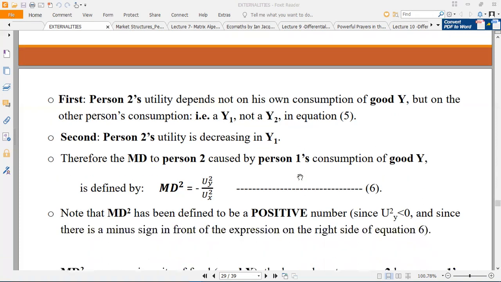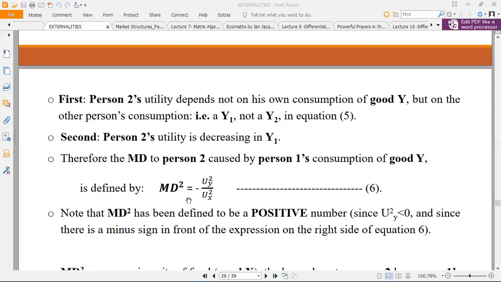Okay, so we are calling this negative externality that is generated by person 1's consumption of good y on person 2 MD, the marginal damage. So whenever person 1 consumes good y, person 2 incurs a marginal damage.